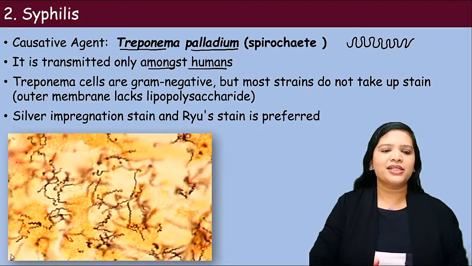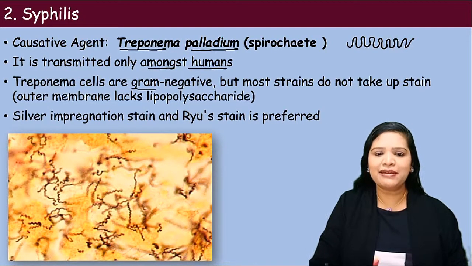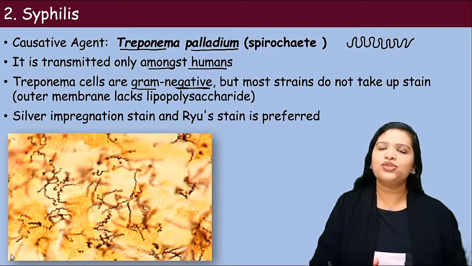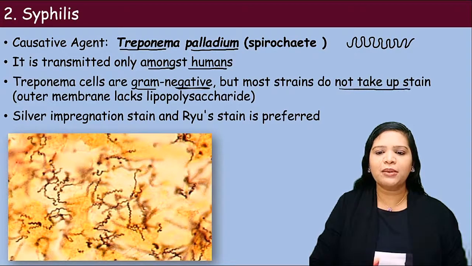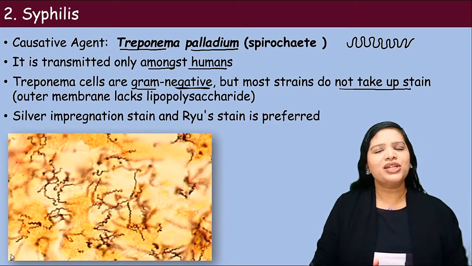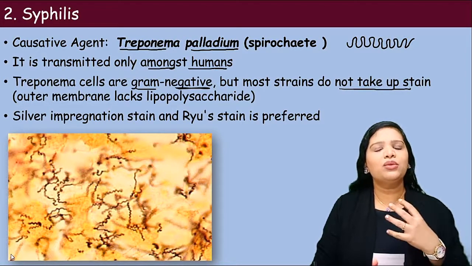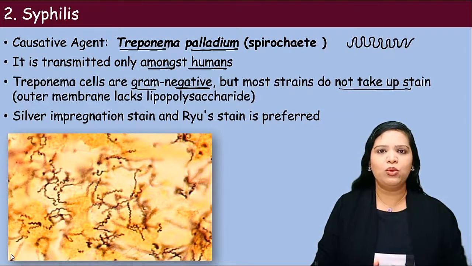Okay, and this bacteria, while doing the gram staining, looks like gram negative, but it's not actually so, because most strains do not take up the gram stain. Gram staining is basically done for bacteria having a good cell wall, right?